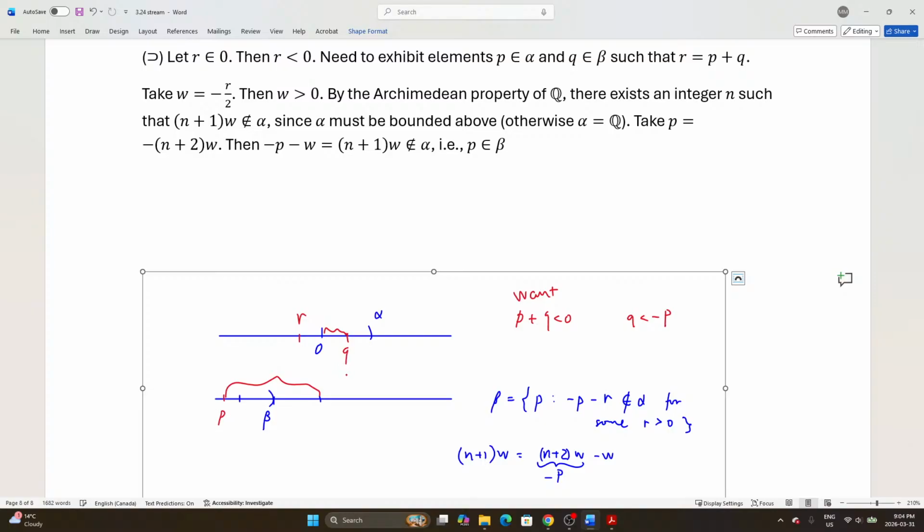P plus Q is R, already have P, so Q is R minus P. But I still need to verify this is indeed in A, which is tricky because we didn't have any property for A.